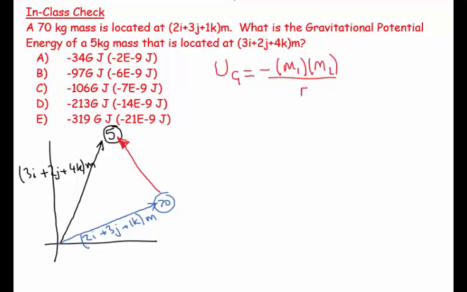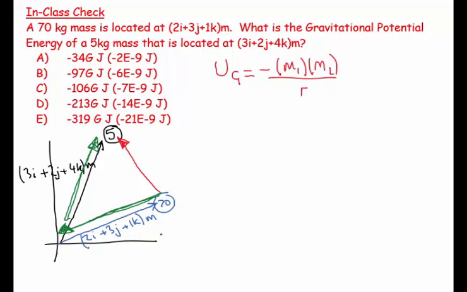If I think back about my vector diagrams, if I think of this vector between the 70 and the 5 as a resultant, then I could get that vector by having the vector from the 70 back to the origin as a first step, and then having the vector from the origin to the 5 as a second step.